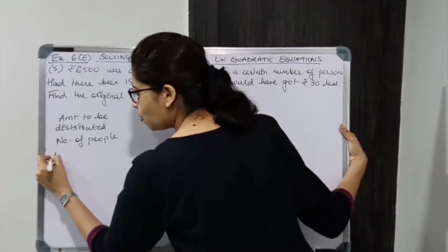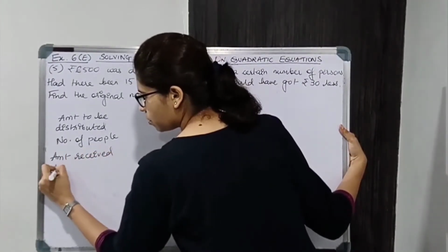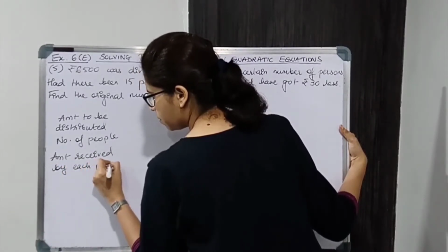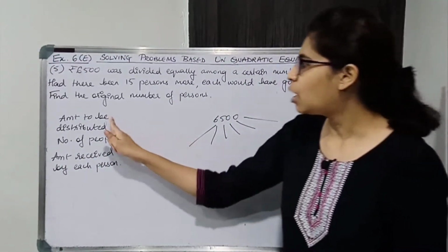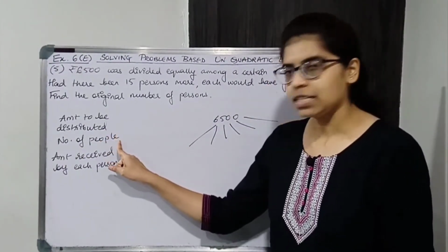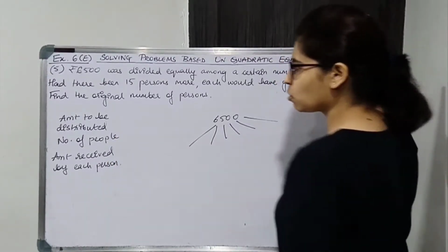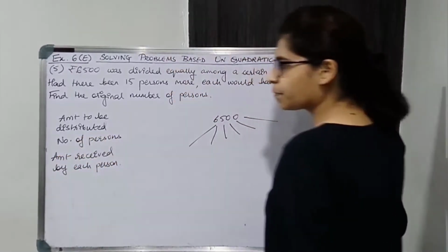So, amount received by each person. There are three things: amount to be distributed, number of persons, and amount received by each person.